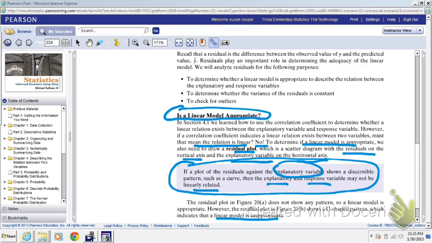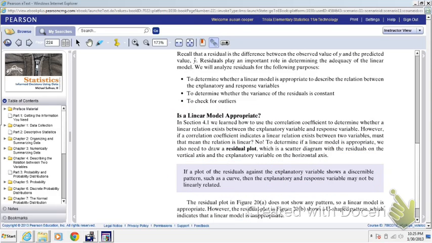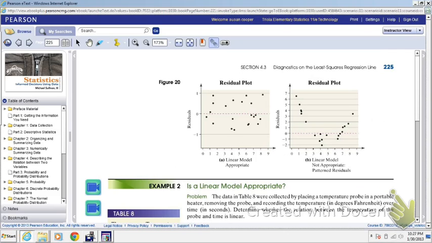So let me actually show you a picture of what I'm talking about, which would be on the next page of your book. Okay, so with this example, you can see that it's just two examples of residual plots. Here's a residual plot where there's no discernible pattern, and the author is reminding you that a linear model is appropriate. So you see, here's the zero line. I'm just going to highlight that.